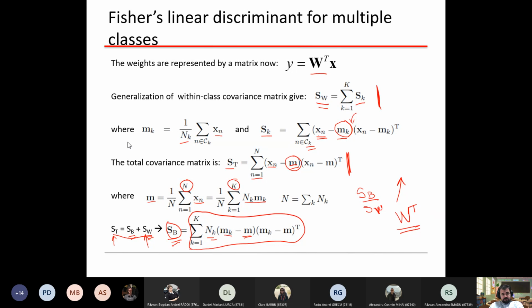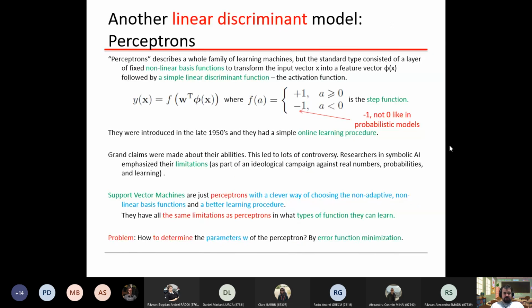Okay, if you don't have any questions, we'll look at another discriminant model that you probably know much better, the perceptron. The perceptron describes a whole family of learning machines, but the standard consists of a layer of fixed nonlinear basis functions.